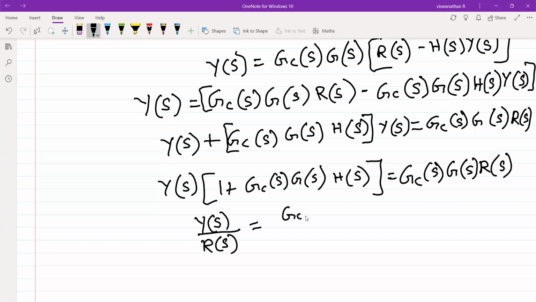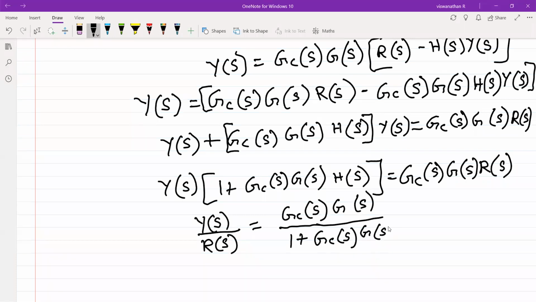We get Gc(s) G(s) divided by 1 plus Gc(s) G(s) multiplied by H(s). Okay, so this is nothing but the transfer function for a closed loop system.